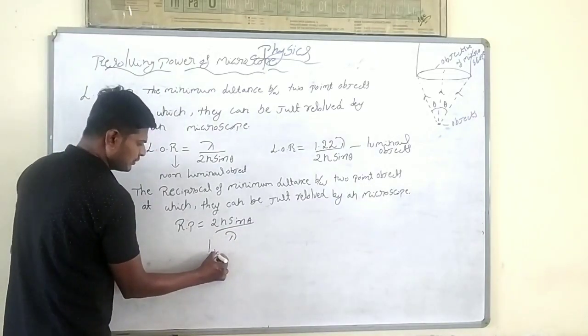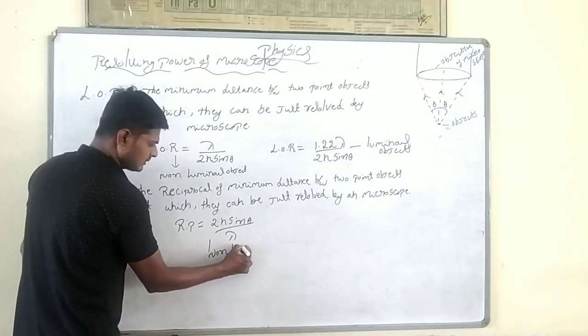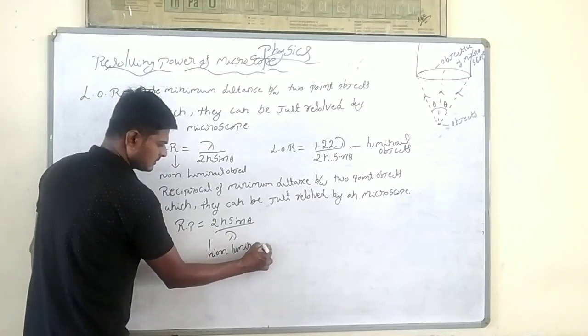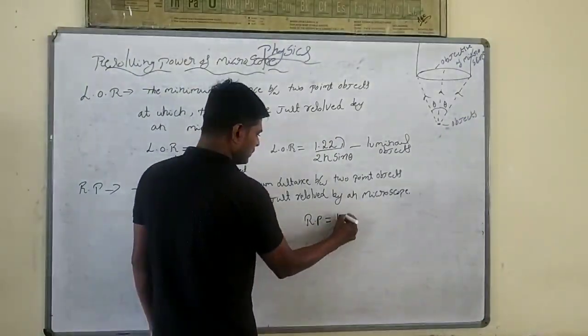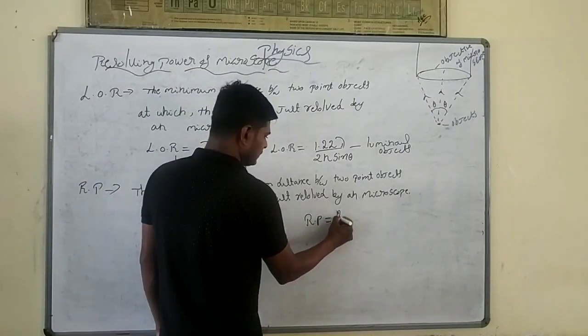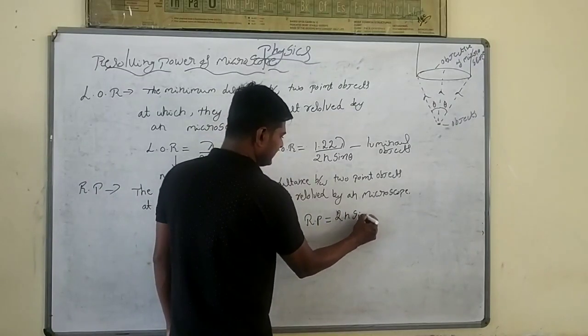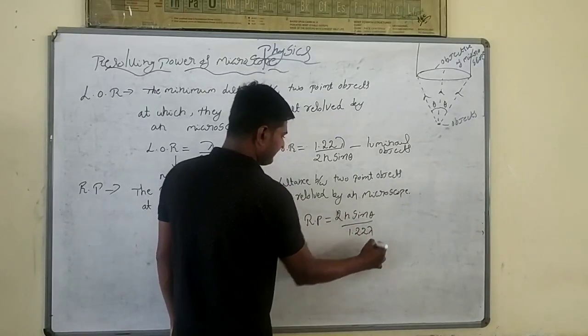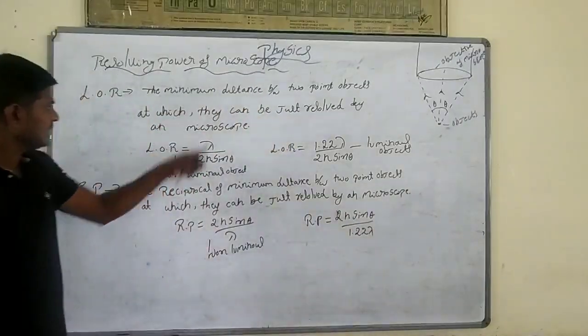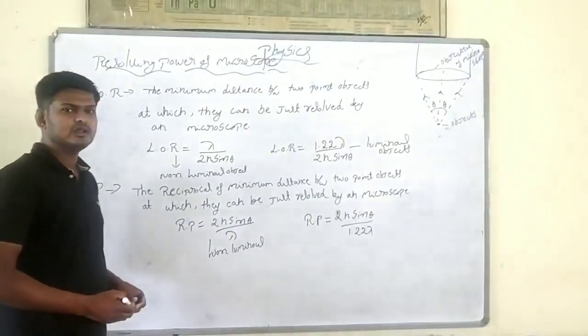This is for non-luminous objects. For luminous objects, resolving power is equal to 2n sin theta divided by 1.22 lambda. This is the resolving power of a microscope.